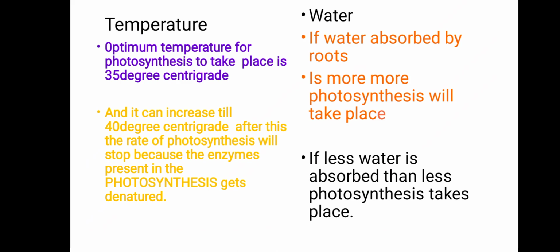Optimum temperature for photosynthesis to take place is 35 degrees centigrade, and it can increase till 40 degrees centigrade. After this, the rate of photosynthesis will stop because the enzymes present in photosynthesis get denatured. Water: if water absorbed by roots is more, photosynthesis will be more.